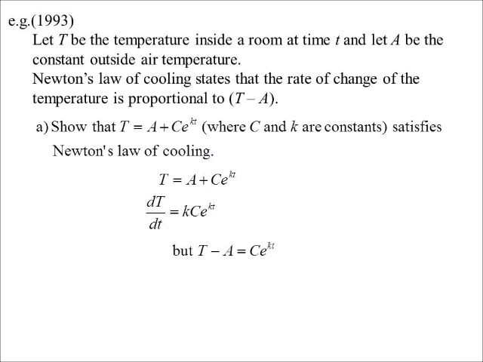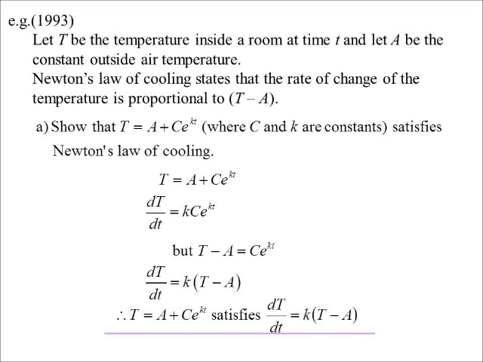So I can substitute that in, and I get that dT/dt is equal to some constant times T minus A. In other words, it's directly proportional to T minus A, and that's what we're trying to prove. So it satisfies the conditions that we've been asked.